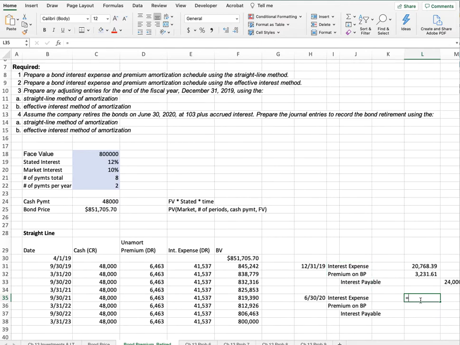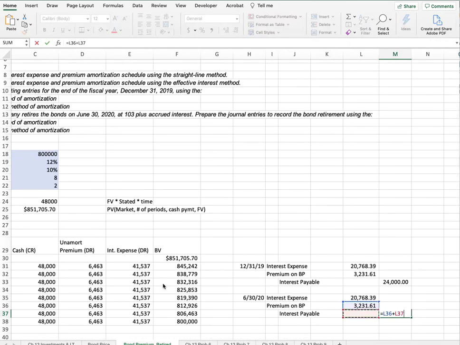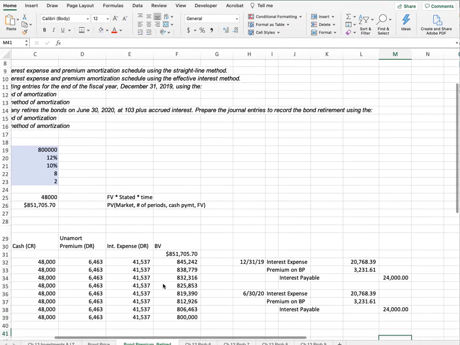So we'll say our interest expense is equal to our September 30th interest expense divided by 2. Our premium is equal to our September 30th premium divided by 2. And when you look at this, it's the exact same because this is our straight line method. So that should make sense to us.